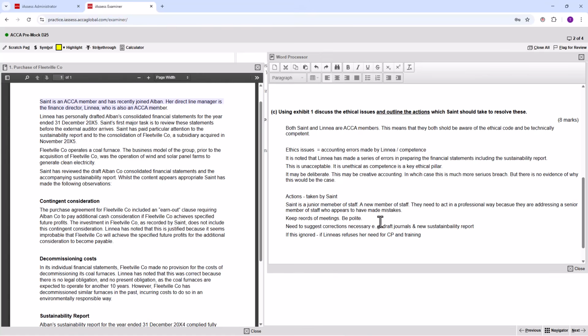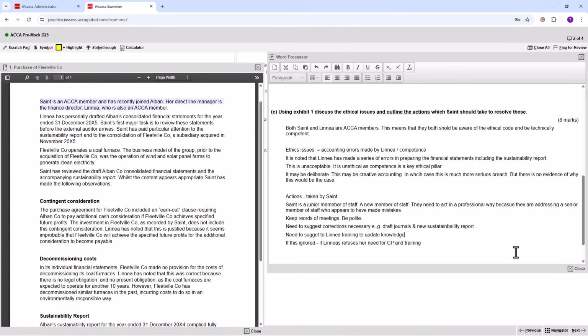I've jumped ahead slightly. Not only have you got to recommend they do it, but we need to suggest to Linnea, this is the idea about being able to edit your own work. You can get ahead and go back. Need to suggest training, training to update knowledge. Okay, definitely.